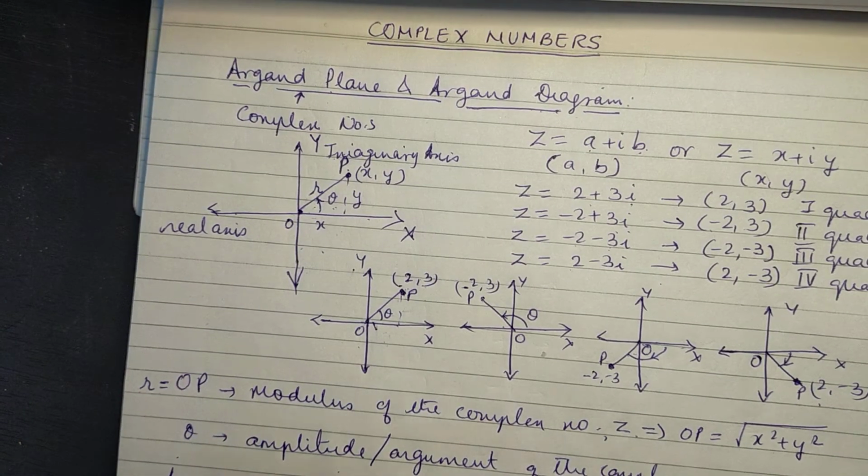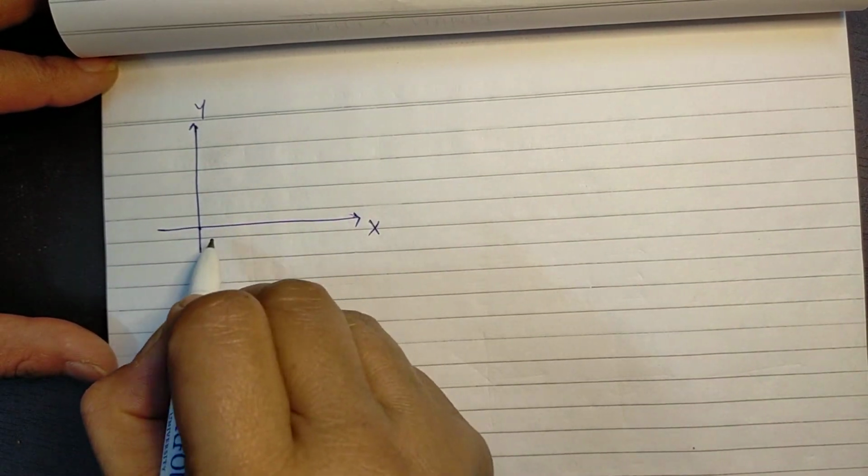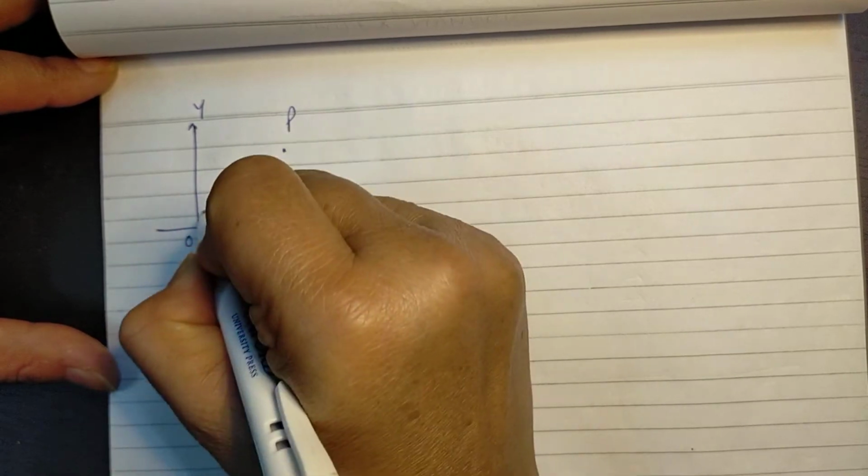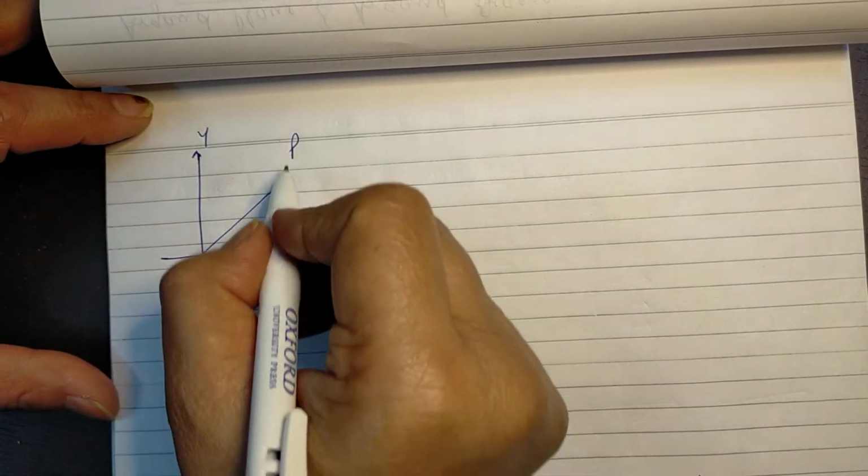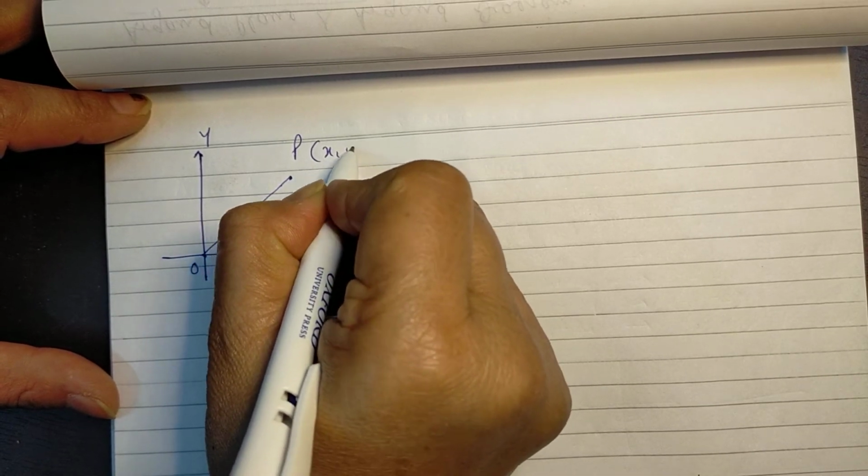So for that, let's represent it in the xy plane. So this is x, this is y. Actually, on the Argand diagram, this becomes P, this is OP, and this is x comma y.